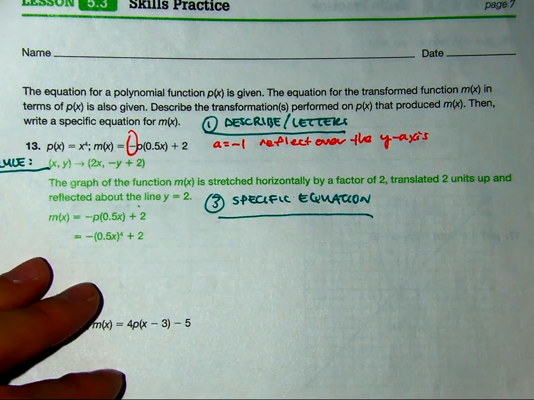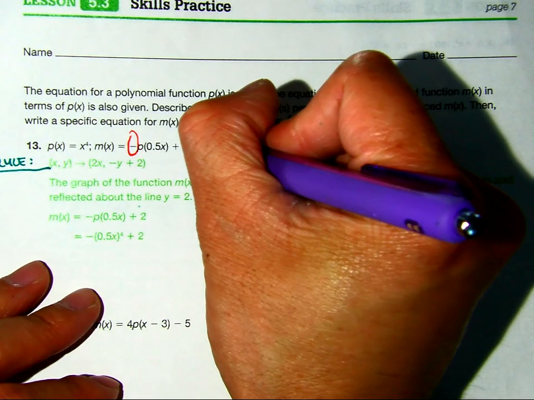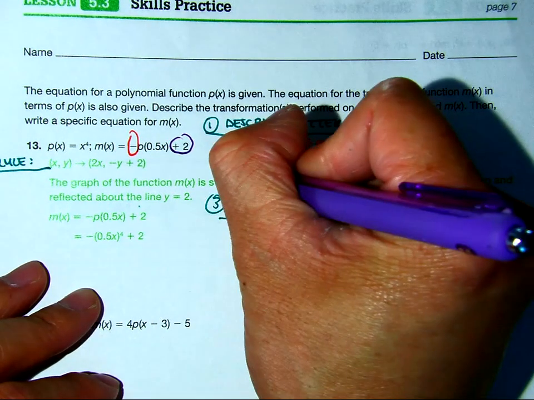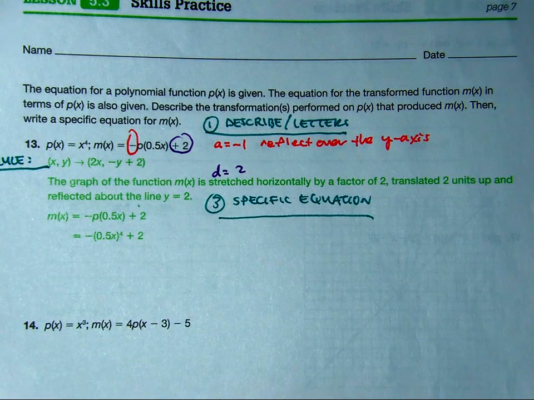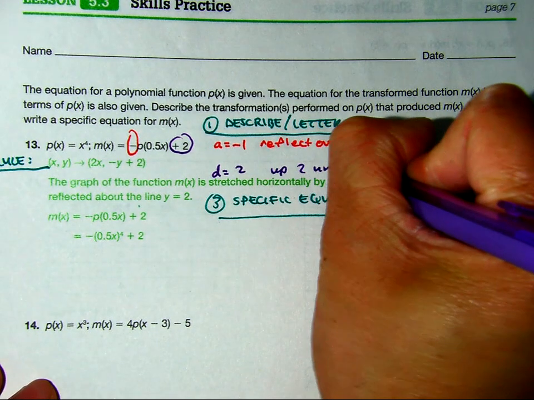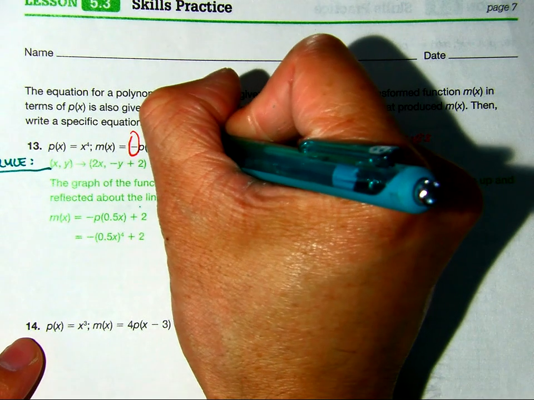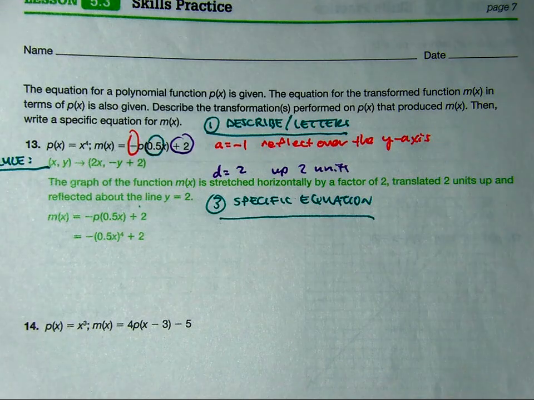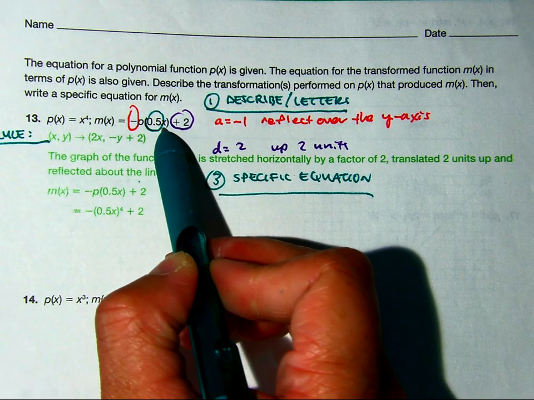If I think to myself, well, I recognize that this 2 here is on the outside. Well, I already have an A, so this must be the letter D. And the D means to move it up 2 units. So up 2 units. The last one I see there is inside the parentheses. If it's inside the parentheses, my choices are B or C. Another way to make sure you know it's B or C, it's affecting the X value.